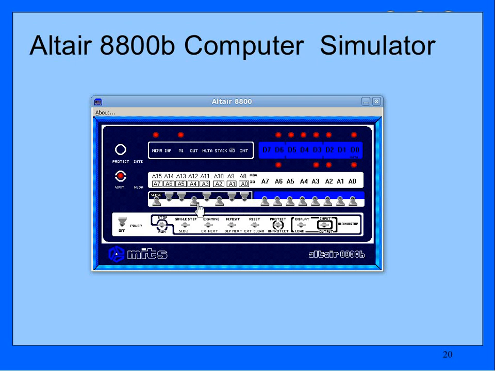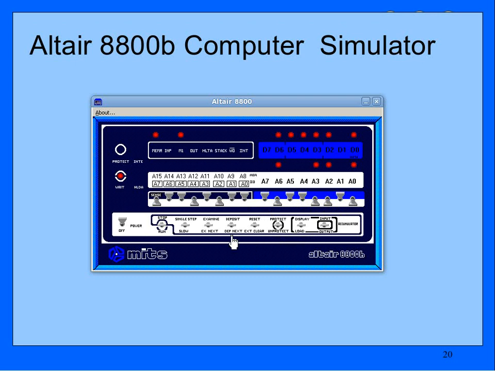This would be 11010110. If I wanted to put that into the memory, what I would first do is set up my address. So flip up some switches here. Let's say that's my address.